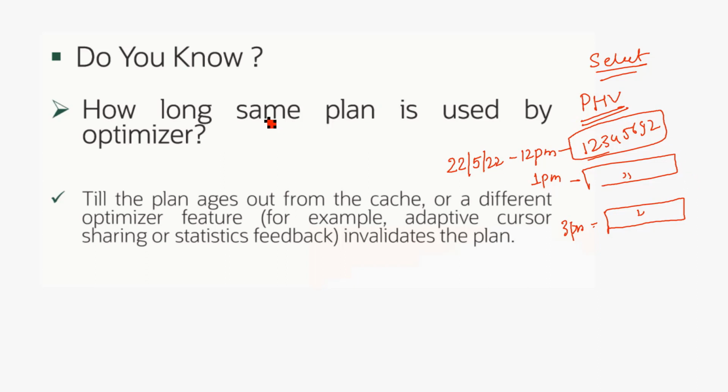That is what the question is asking: how long is the same plan used by the optimizer? So until the plan ages out from the cache or a different optimizer feature invalidates the plan. That means, suppose the statistics of the table are changed, and the optimizer is now aware of the statistics.